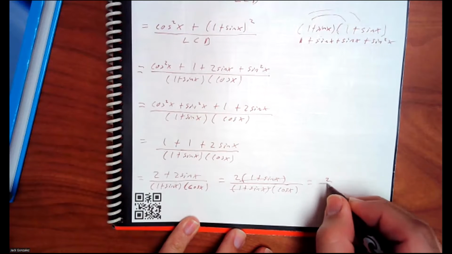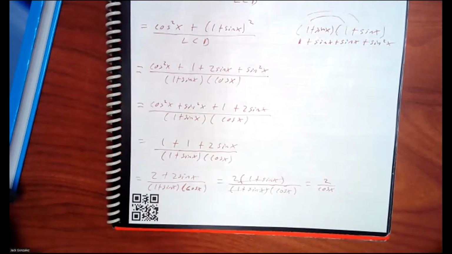So now we have 2 over cosine. What is 1 over cosine on your identities?